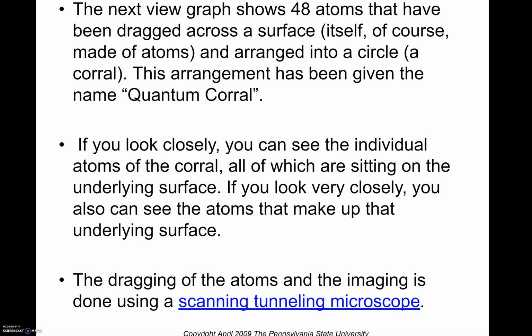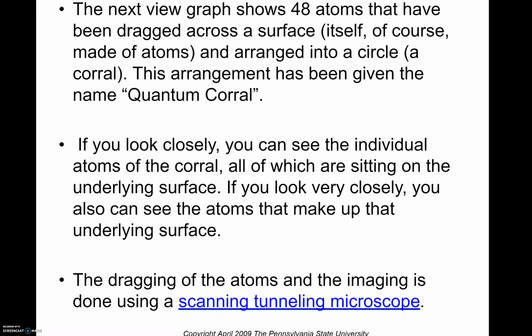All right, we can also see atoms now. This next graph shows 48 atoms that have been dragged across the surface individually and arranged into a circle or a corral. And this arrangement has been given the name quantum corral. You should be able to see the individual atoms in the corral and also the atoms making up the underlying surface.